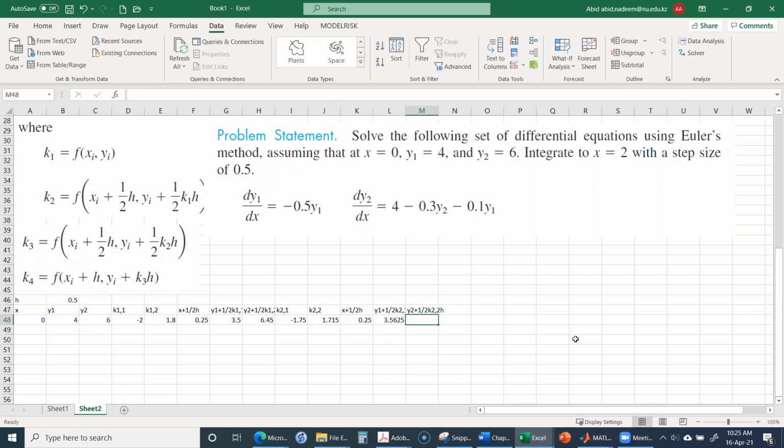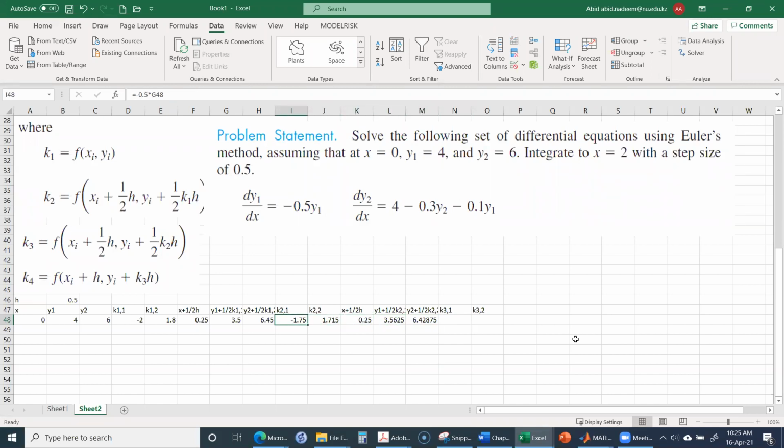So it is 3.56, and then y2, which is here, plus 1 by 2 times K2 of the second equation times h. h is here. So here we have calculated these values. So now we can find K3 of the first equation and K3 of the second equation.